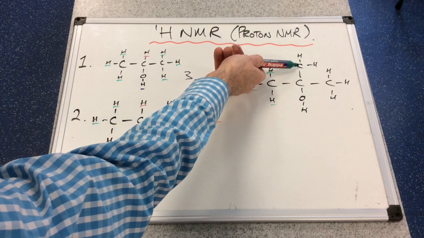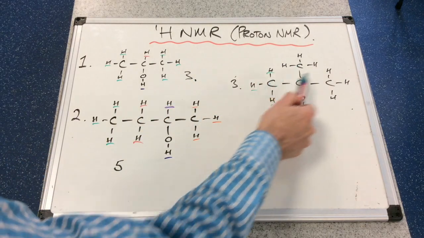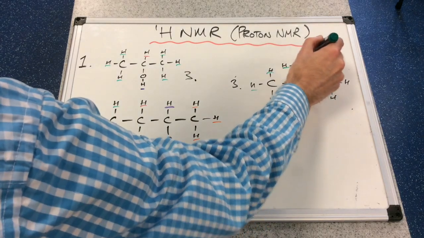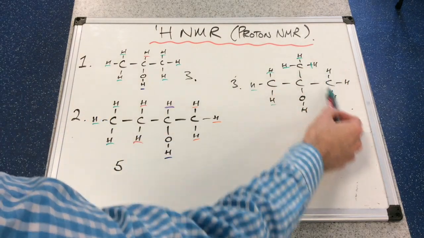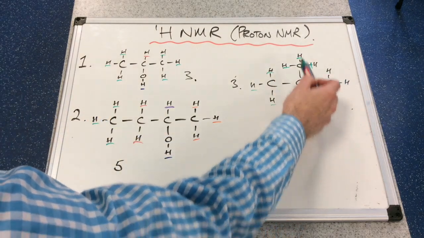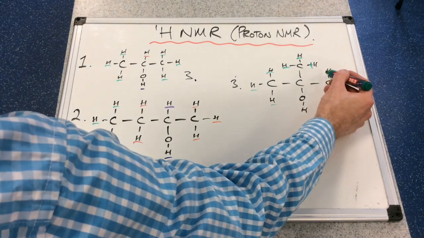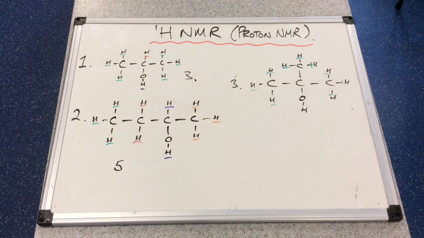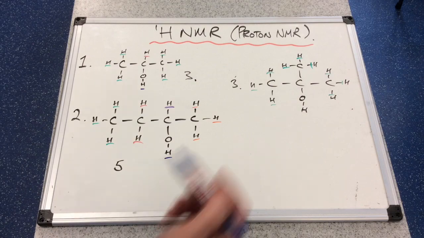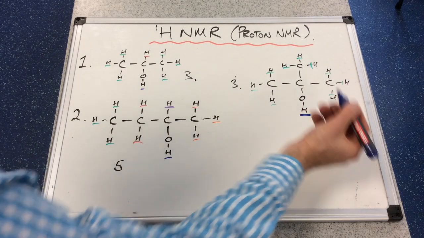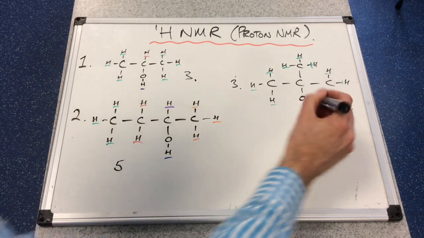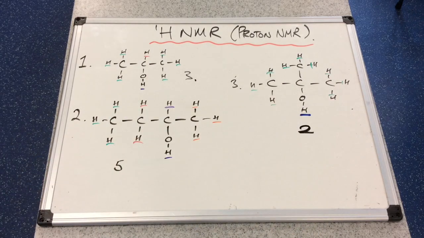This CH3 group is bonded to a C with 2 CH3 groups on and an OH. They're equivalent. And this one is also bonded to 2 CH3 groups and an OH. So all of these protons are actually equivalent. So obviously the hydrogen on its own bonded to that oxygen is different. And so we've got 2 environments in this one.